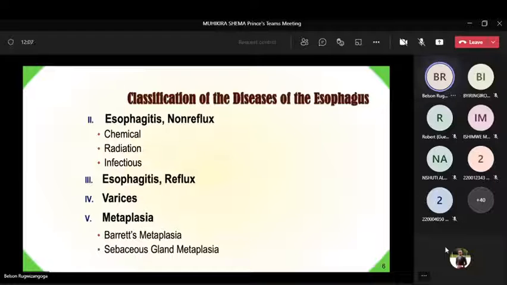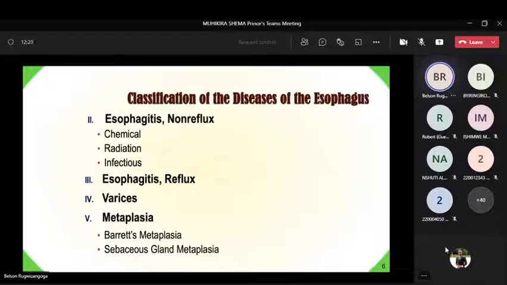So it will become Barrett, it will become intestinal type of mucosa, meaning there will be columnar epithelial cells with some goblet cells and so on, or mucus cells. So just like it is in the intestine.